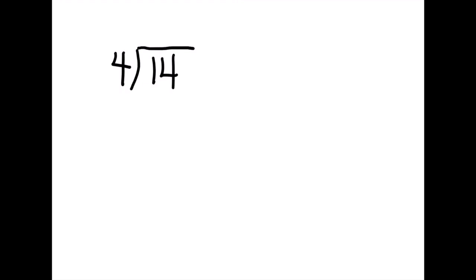Alright, so here we have the same question as earlier, 14 divided by 4. The first step is to figure out 4 times what number equals 14. Well, we know that 14 is not in the 4 times tables, right? So we've just got to get as close to 14 as we can, but not over 14. So let's go down our 4 times table.